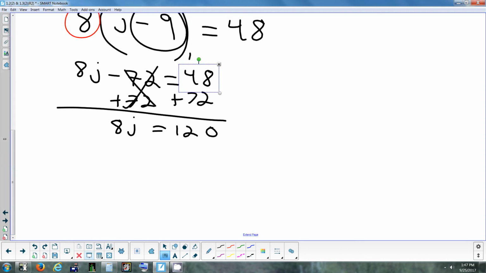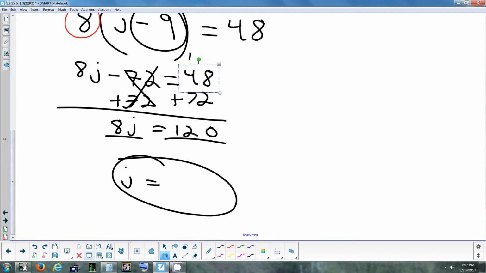So how do I get just Jim's age? Divide, and Connor, can you tell me what to divide by? Remember, you're trying to get J by itself. So 120 under 8. So what's next to J?